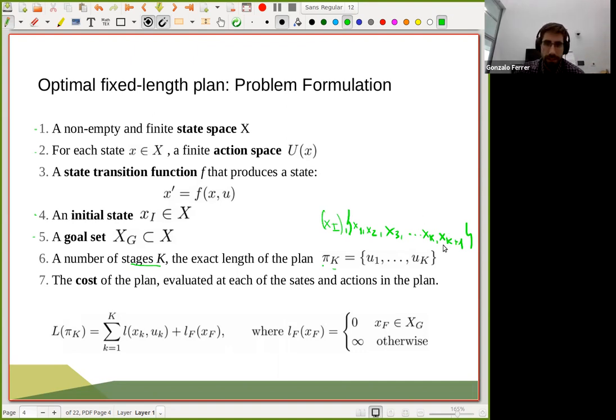So what is this xk plus 1? This is the state that we reach at the end, or we can also call this the final state. We don't know if this is going to be the goal state. Hopefully it will be.